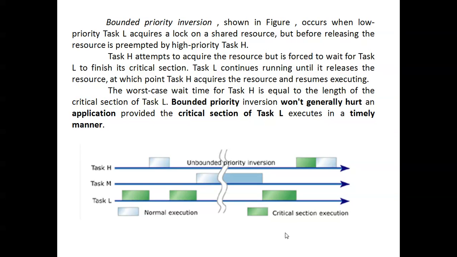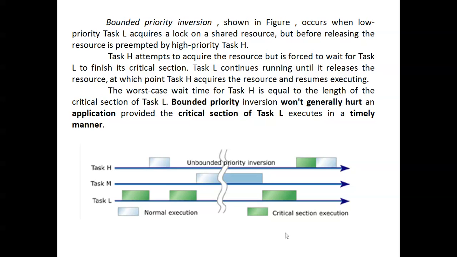See, there is bounded priority inversion. It occurs when the low priority task locks the shared resource, but before releasing the resource, it is preempted by the high priority task.